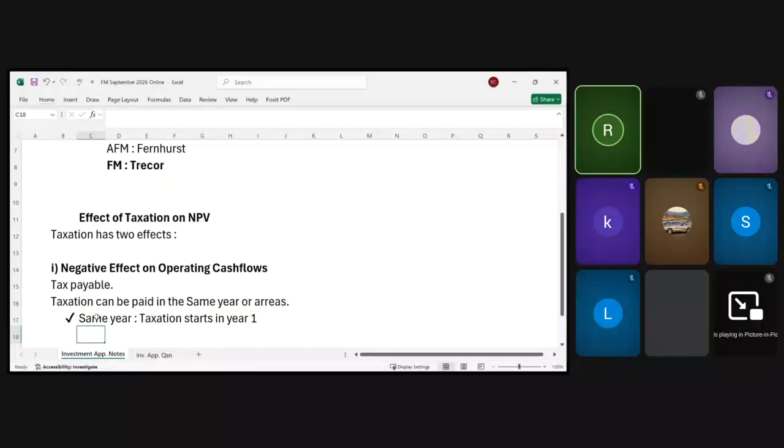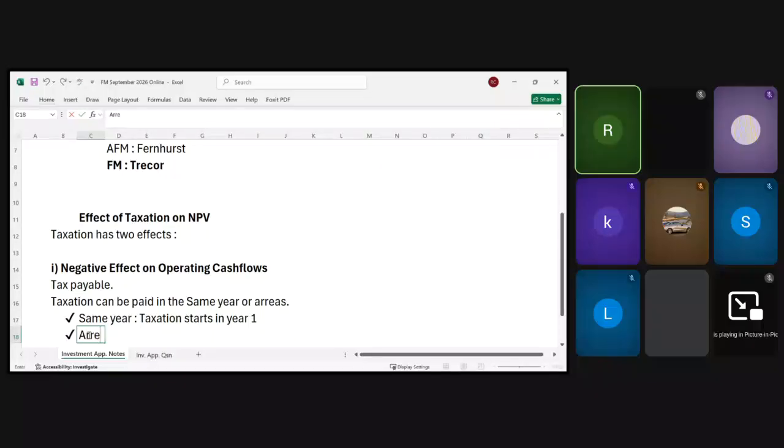If you are told that tax is paid in the year where your cash flows arise, it means you start paying your taxation in year one going forward. So cash flows for year one are taxed in year one, cash flows for year two are taxed in year two, and so forth.